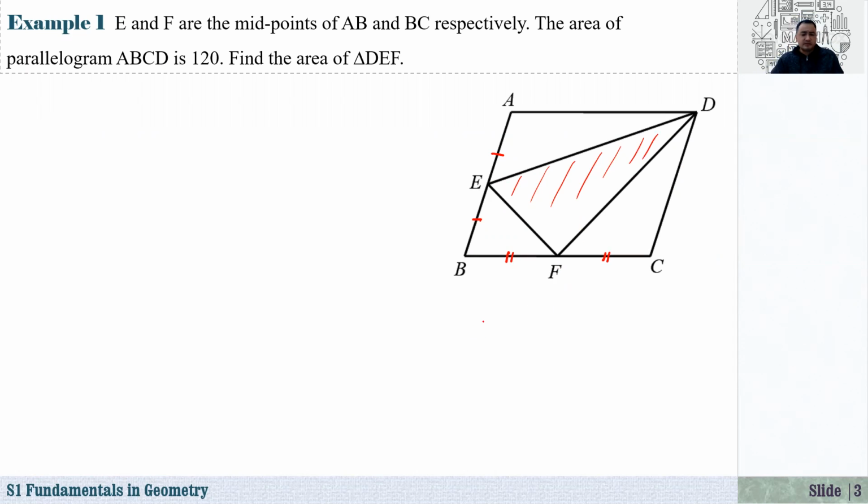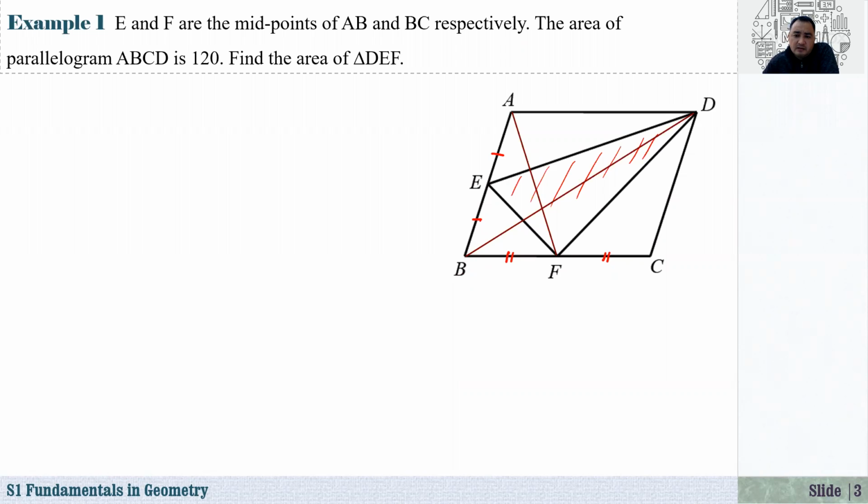To do this, let me connect A with F and B with D. If you draw a line joining B and D, BD is the diagonal of the parallelogram.